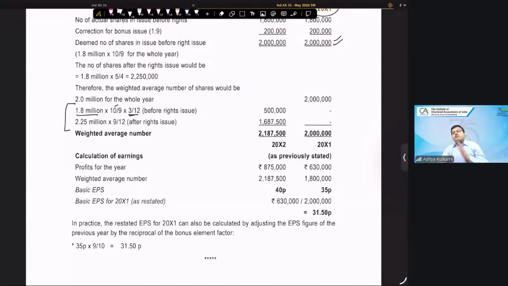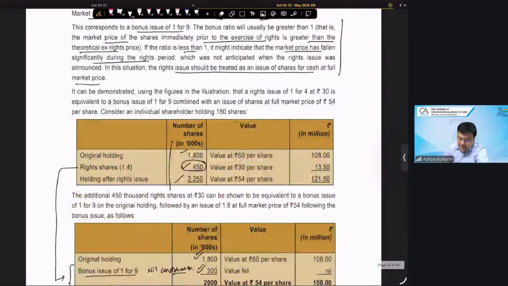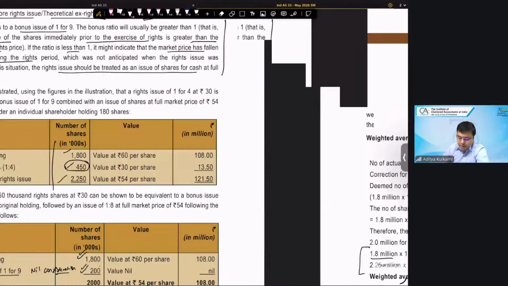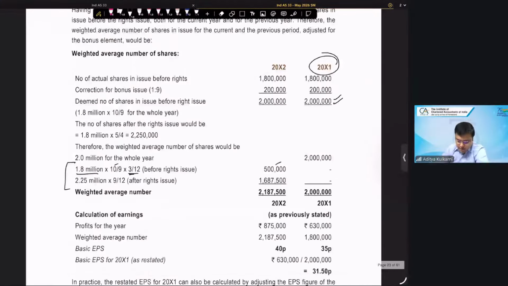Because this is before the rights issue, whatever shares are there, we multiply by the rights adjustment factor. So 5 lakhs. And 2.25, this is the total number of shares after the rights. How did I get 2.25? 1800 plus 450, 2.25. So 22 lakh 50,000 into 9 by 12 gives you 1687,500. So 21 lakh 87,500.